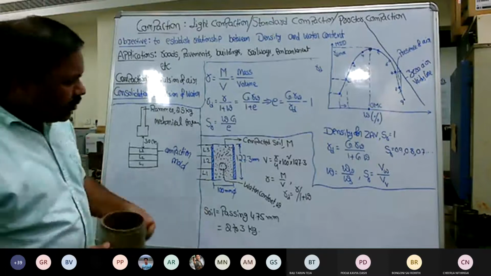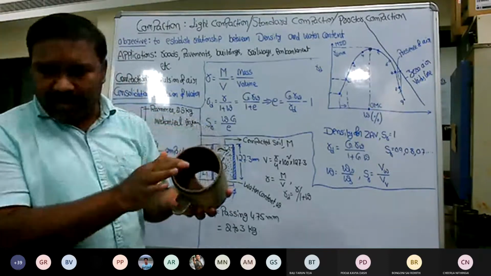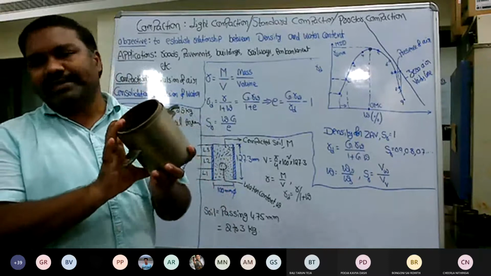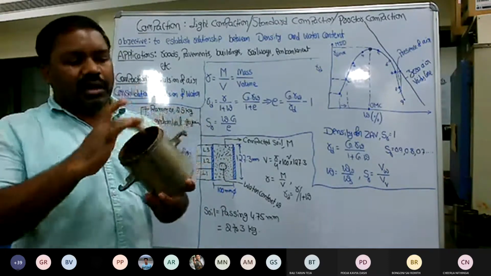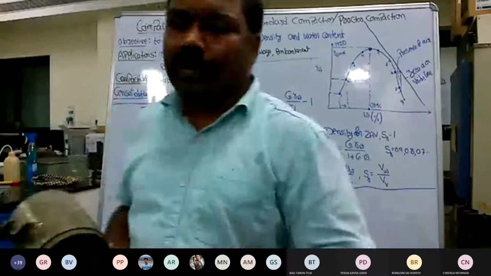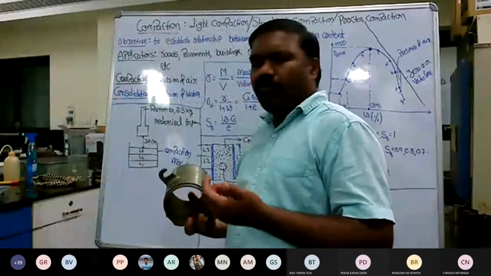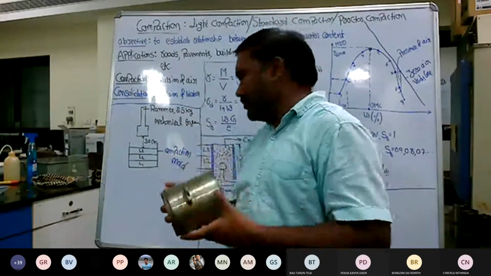Now, as I told, this is the compaction mold. Now I can measure its internal diameter and the height. Those are standard. There will not be any kind of change in the internal diameter and height of the mold, except maybe depending upon the manufacturing process, 1 or 2 millimeters there may be change, which otherwise is standardized.